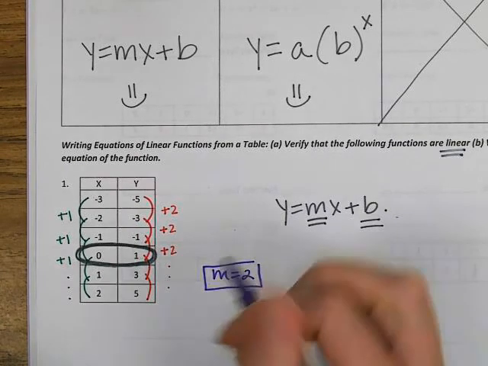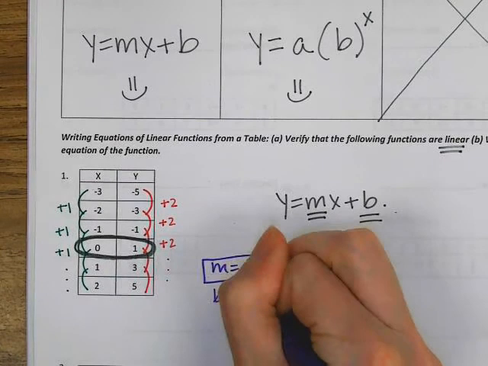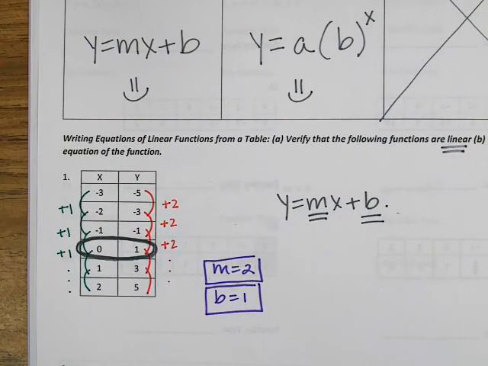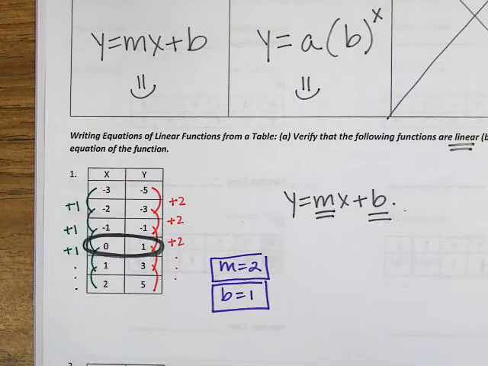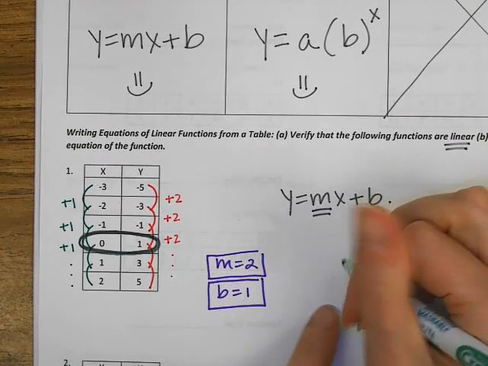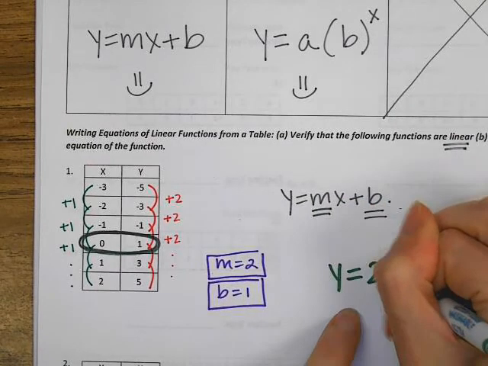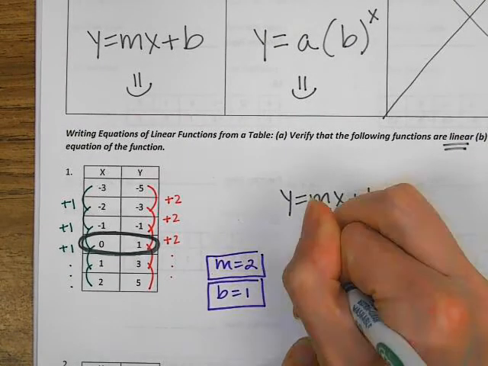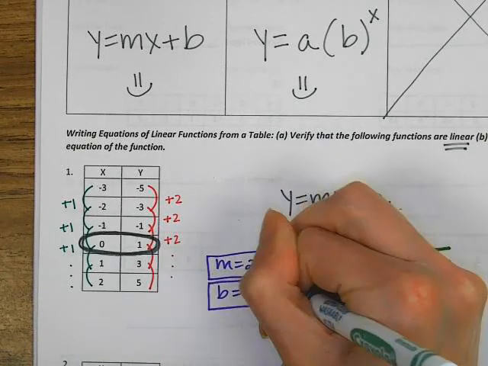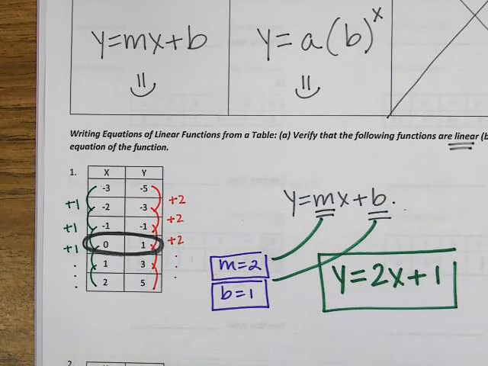So b is going to be 1. That's all we need. Plug in m, plug in b, and we have just found the equation for that table. So final answer, y equals 2x plus 1. I just plugged in 2 for m and 1 for b.